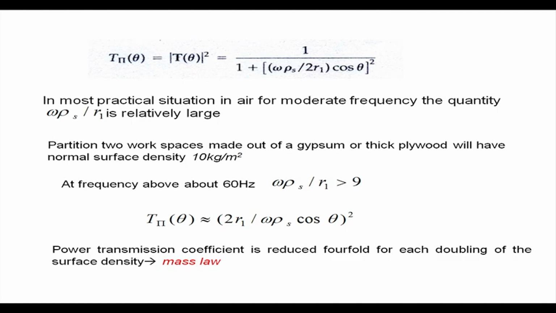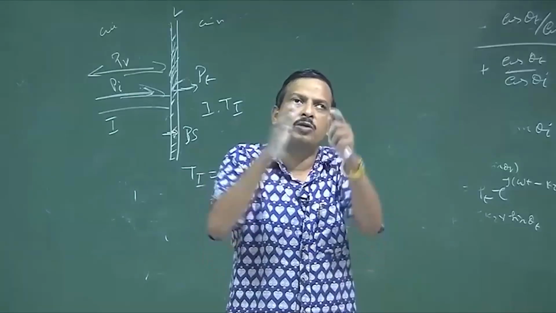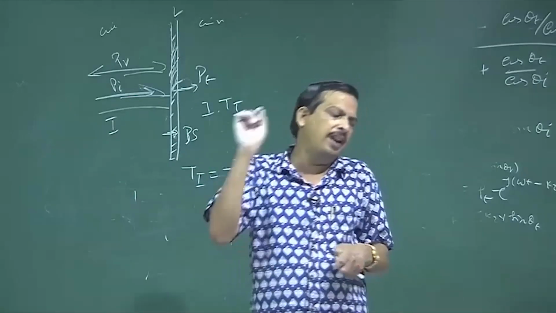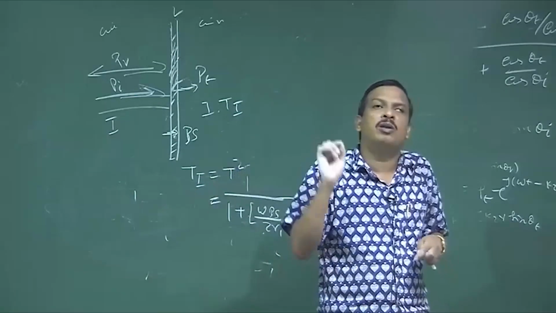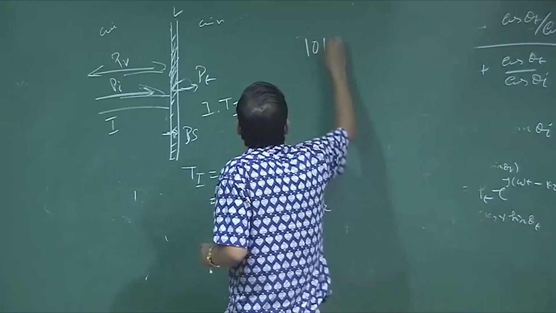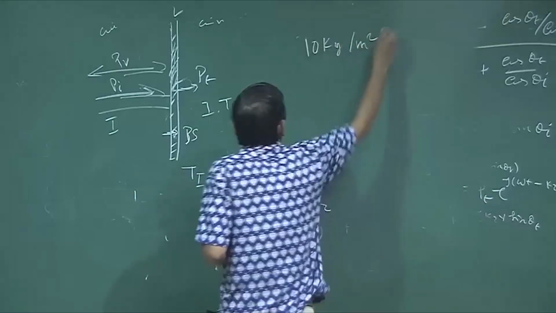Now, if this is my transmission coefficient, then what is the transmission coefficient in practical cases? Take the most practical situation in air: in a factory, both the enclosure room and the factory room are air, and the enclosure room is separated by a thin partition of gypsum board or plywood, and surface density is 10 kg per meter square.